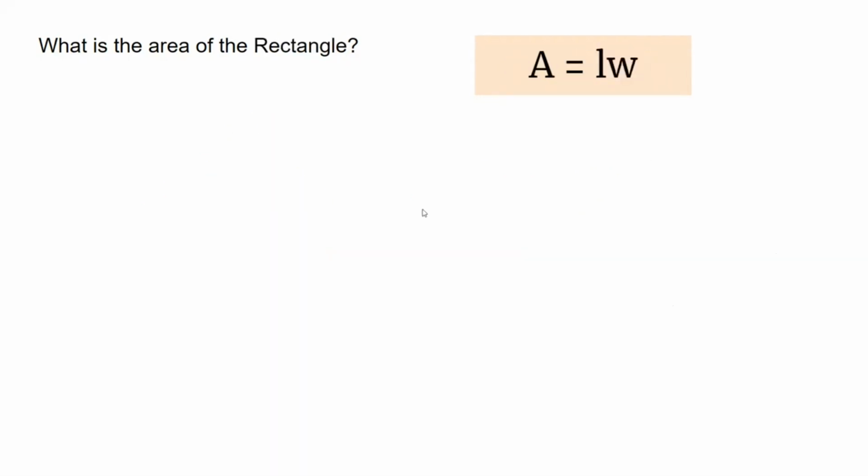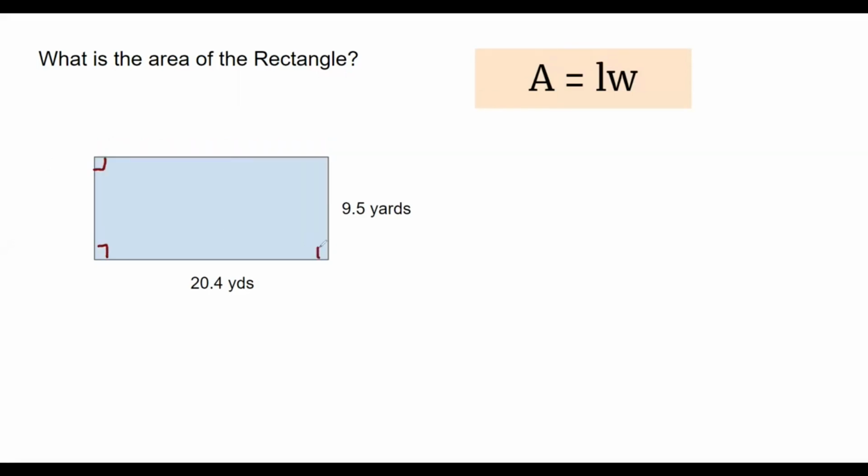What is the area of the rectangle? The formula for an area of a rectangle is very simple. You're probably familiar with this. It's just the length times the width, not too complicated. Here's an example. And we recognize that this is a rectangle. All of these are right angles. Must be a rectangle. And we just multiply those two dimensions together.